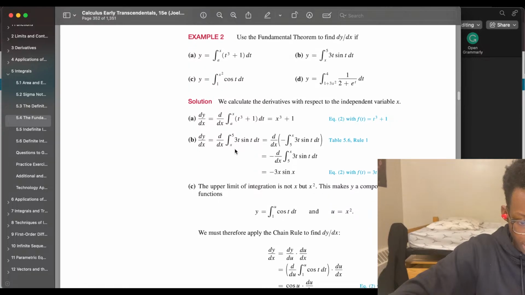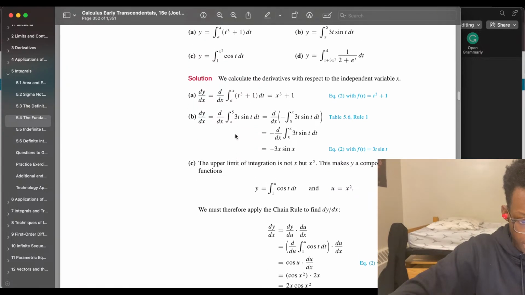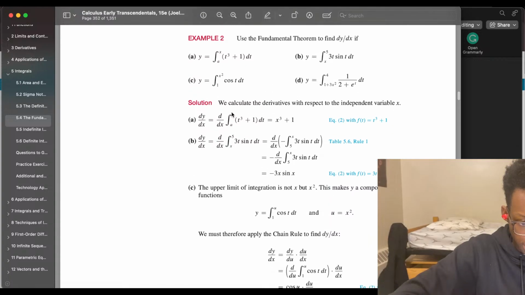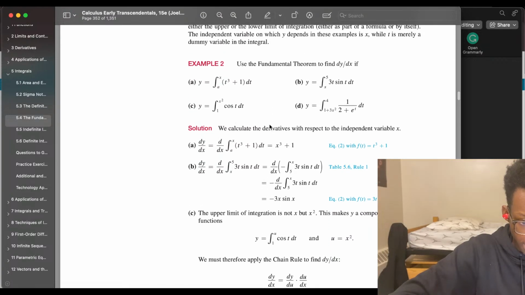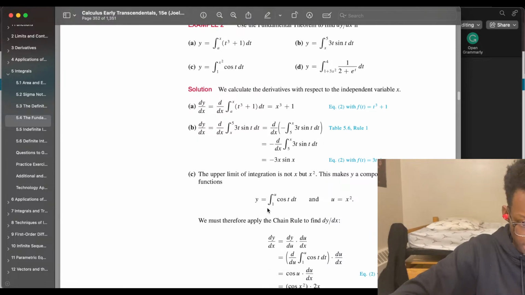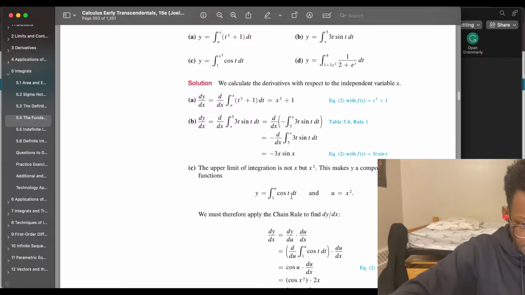This one they're using antiderivatives to solve it, I think. Right? Because you have dy/dx. The derivative of this would give you this. No, because you're removing the derivative, and then you just have x plus that. So then the answer would be negative 3x.